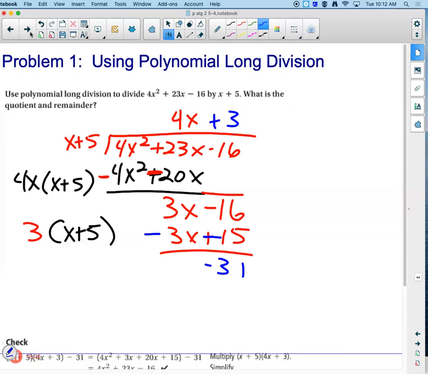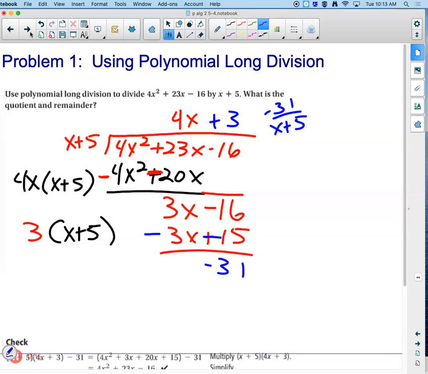What's going on here is we have this remainder because we were trying to divide by x plus 5. And things didn't work out quite so perfect, you know? And like I said, that happens more often than not. So our remainder should be the top part, the numerator of a fraction, where our divisor is on the bottom.